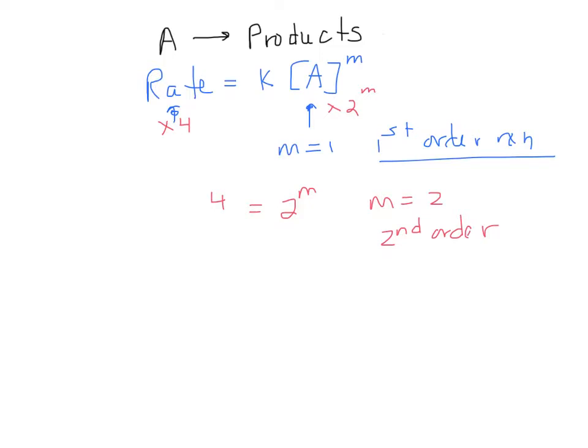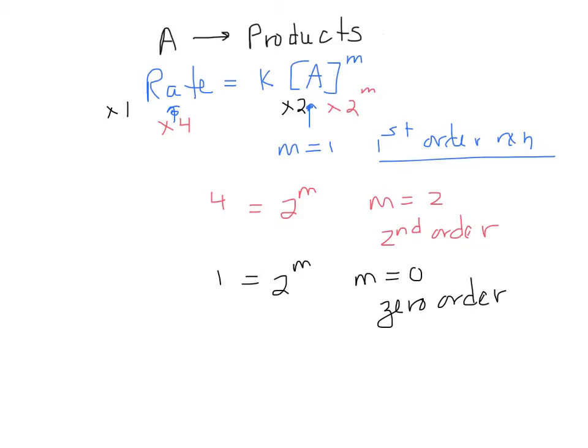Sometimes when I double the concentration of A, nothing happens to the rate. So what would m have to be? 2 to the m equals 1. What's m? Well, m is 0. This is called zero order, and this was for the reactions where changing the concentration of A makes no difference whatsoever.